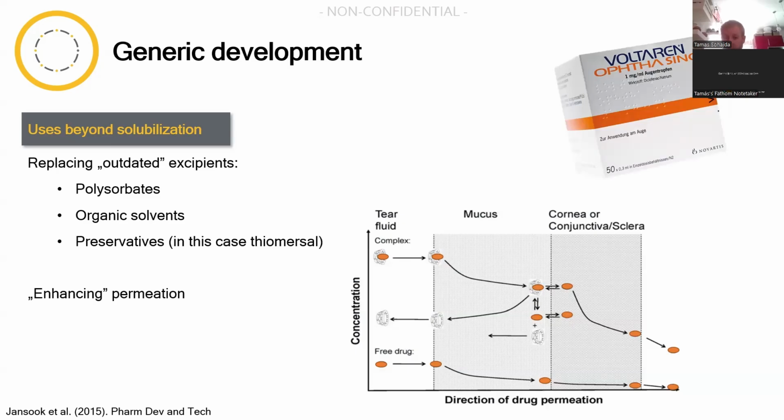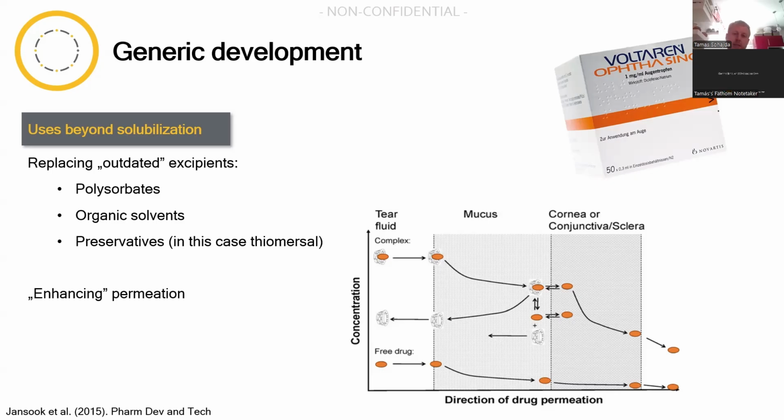So developing generics with cyclodextrins usually happens for liquids, and even with liquids, it typically happens with parenterals, because in that case, the fast release is not altering, of course, the blood levels. But we have also seen such in ophthalmics.